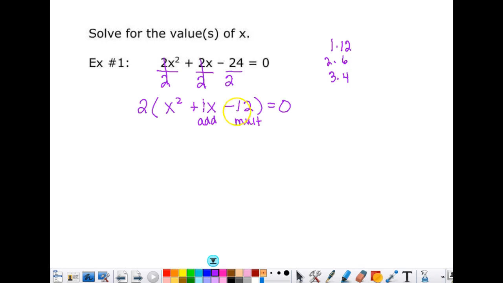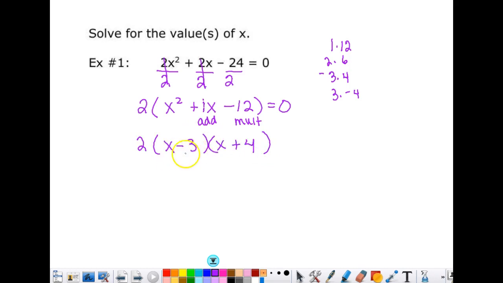Okay, so 3 and 4 subtract to make a 1. That means the signs also need to be different. When you multiply two things together to get a negative, your signs have to be different. So the 3 or the 4 has to be negative to make a positive 1. Who's going to make a positive 1? Okay, the negative 3. And you can write the negative 3 here or over here.